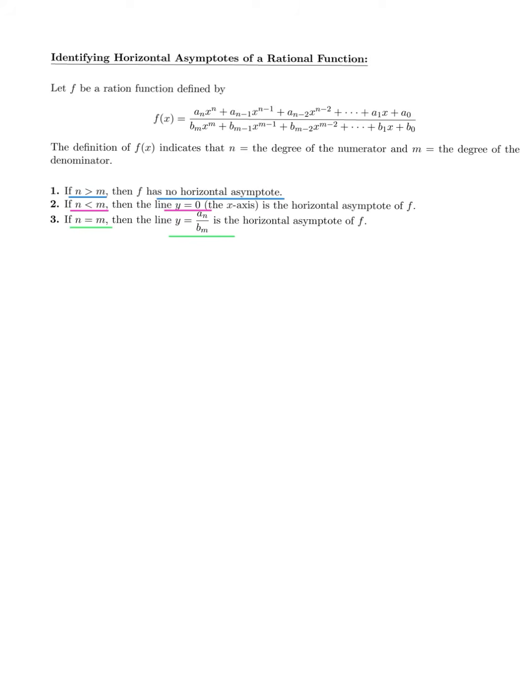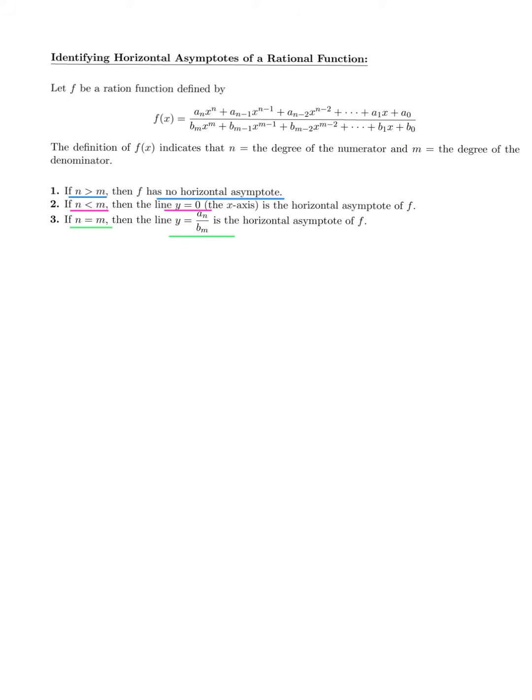Okay, next we're going to learn how to find the horizontal asymptotes of a rational function. It says let f be a rational function defined by f of x equals a sub n x to the n, and so on, down to a sub 0, and the denominator is b sub m x to the m all the way down to the constant term b sub 0.